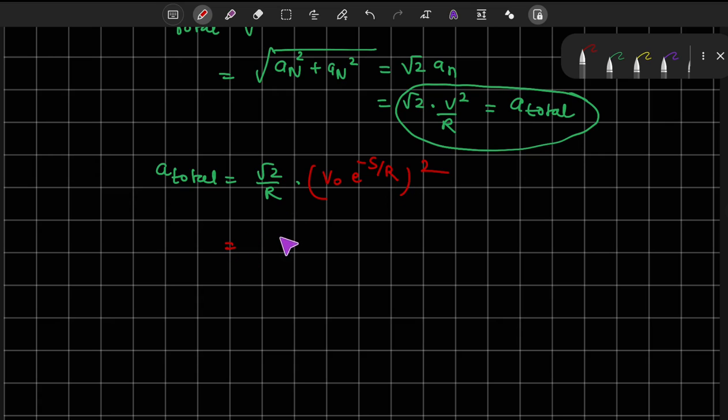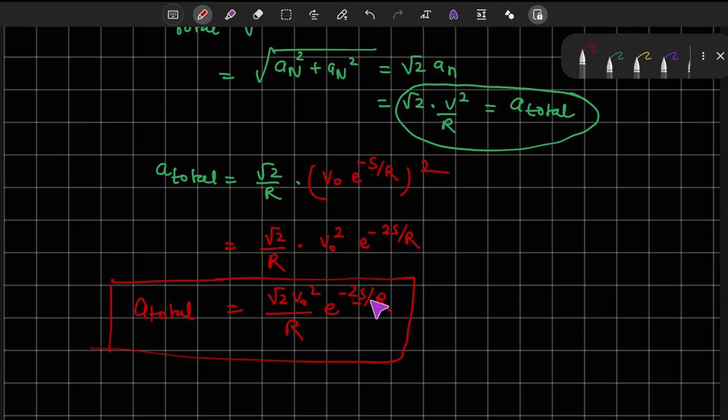So from here we will get root 2 divided by r times v naught square e to the power minus 2s by r. Okay, so root 2 v naught square whole divided by r e to the power minus 2s by r. So this is the expression of a total we got in terms of only this distance, because both r and v naught are constant.